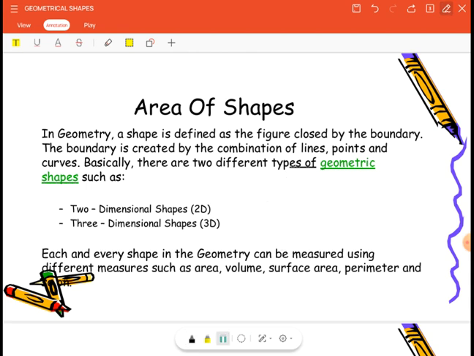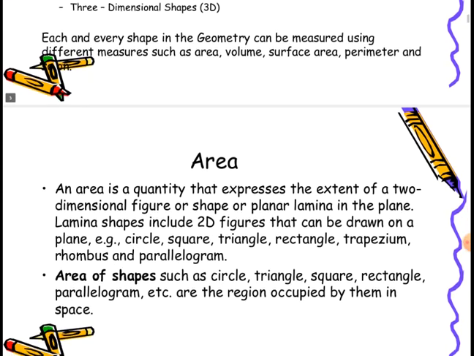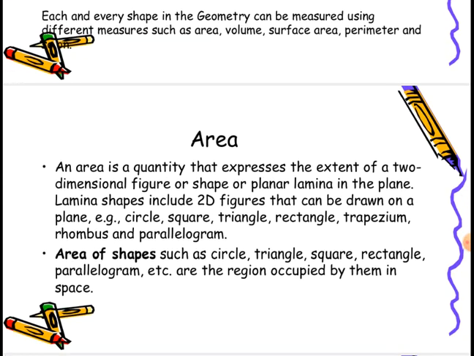Okay? Next. An area is a quantity that expresses the extent of a two-dimensional figure or shape or planar lamina in the plane. So, lamina shapes include 2D figures that can be drawn on a plane. Example, we have the circle, the square, the triangle, the rectangle, trapezoid, the rhombus, and parallelogram.